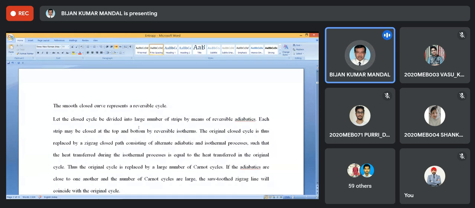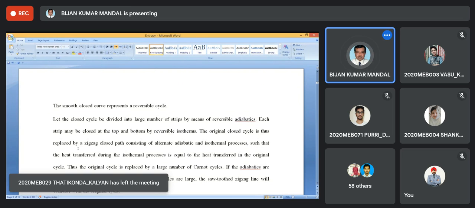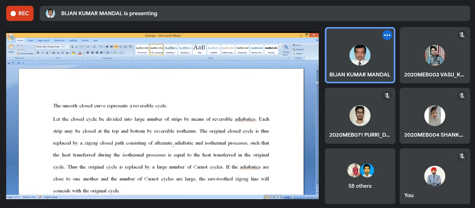The closed cycle will be divided into a large number of vertical strips by means of reversible adiabatics. Each strip may be closed at the top and the bottom by reversible isotherms. So the original cycle is thus replaced by a zigzag closed path consisting of alternate adiabatic and isothermal processes, such that the heat transfer during the isothermal processes is equal to the heat transfer in the original cycle.